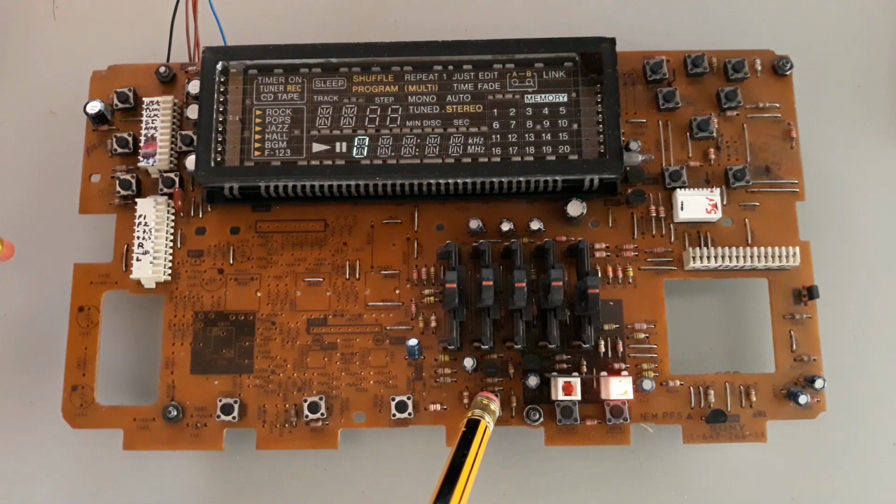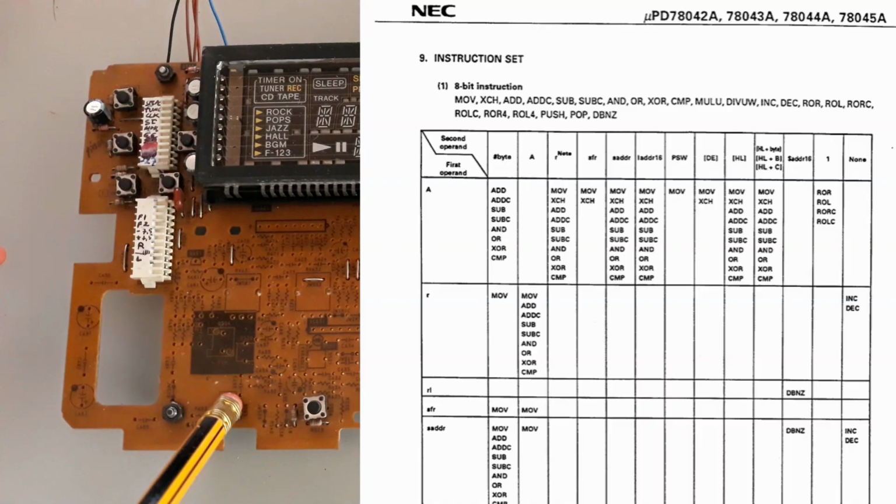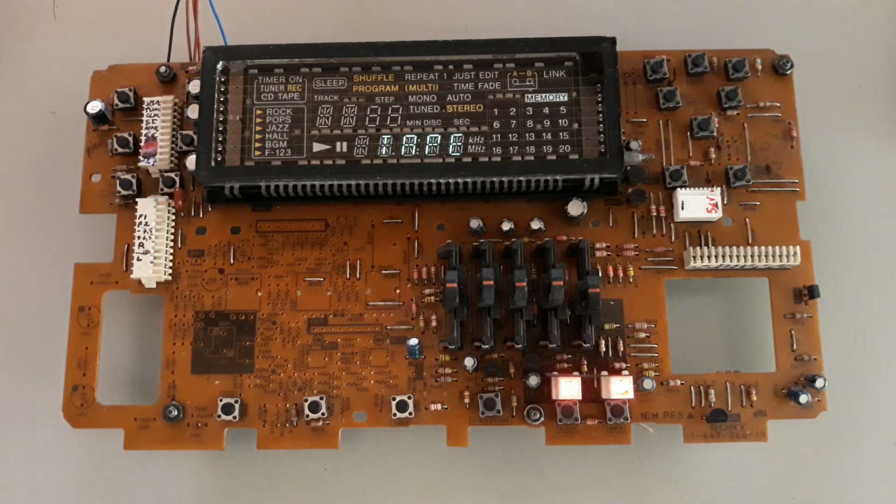Although the original C compiler for these devices is not readily available today, programming them is still possible using assembly language. The instruction set and mnemonics are documented in the datasheet for the uPD78042GF, making low-level development entirely feasible. Of course, that assumes access to the required programming hardware.